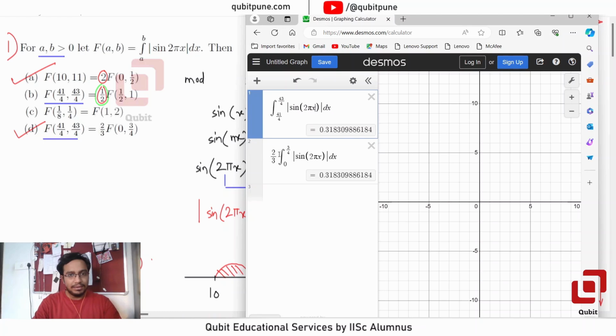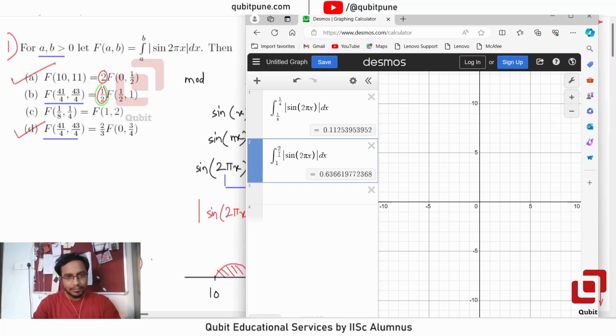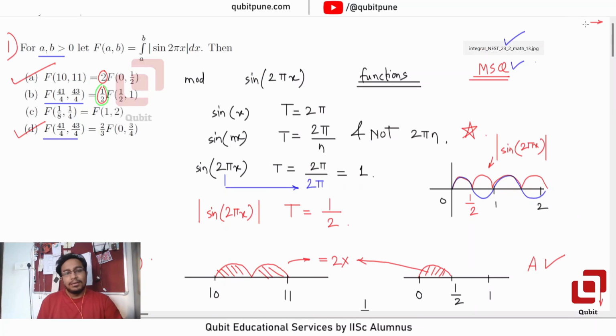Go to 1 upon 8 here, 1 upon 8 there, 1 upon 4 there, and in option C's right side it is 1 to 2. So clearly they are not the same.